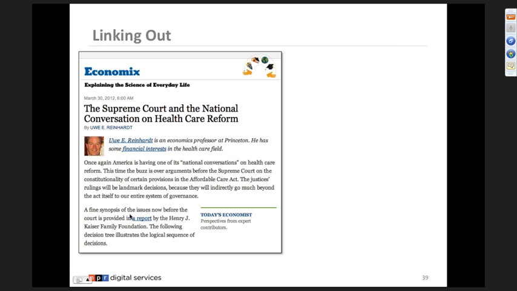So what would be better is if this line were reworded, "a fine synopsis of the healthcare reform issues," including the words healthcare reform and issues in what you link, could be more helpful than just seeing "a report."